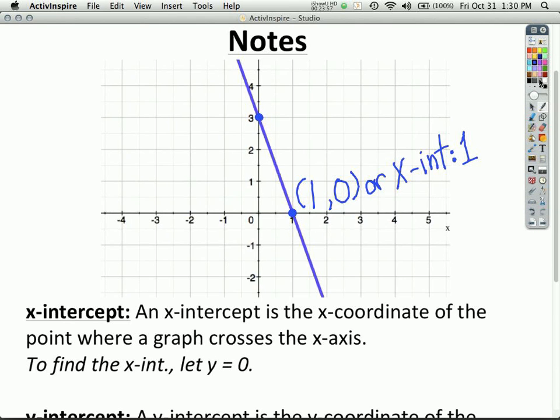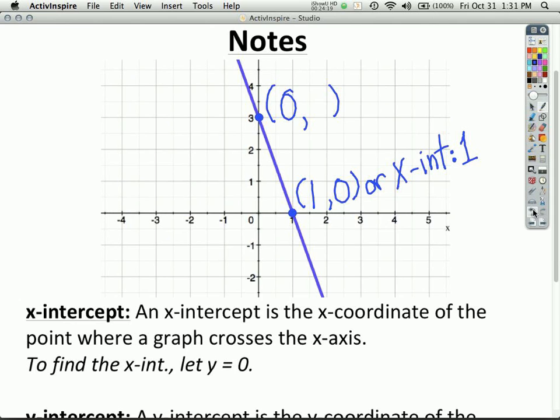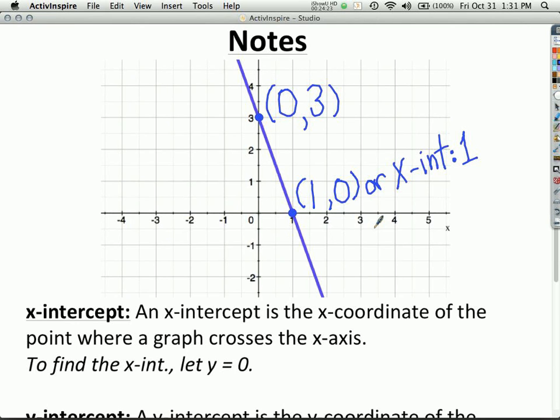So what I would like you to do is look at the graph, and I would like you to figure out what the coordinates are of that point, lock them into your brain. Give me a thumbs up when you got it. Laurel, what is it? Very good. 0, 3. So I want you to notice something.